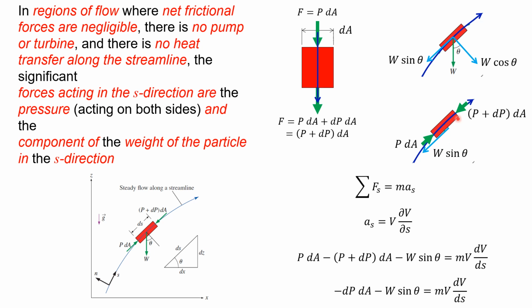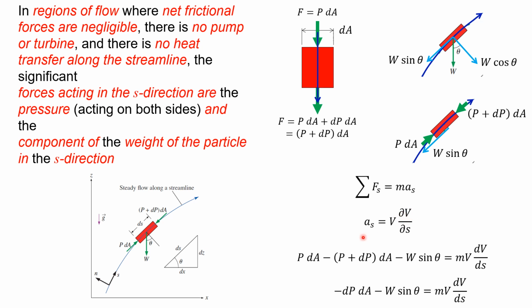So you can use the formula F equals m a_s. a_s we know is V dV over ds. Sorry, not dV, this is a differential sign. So please correct in the previous slide. V differential V over differential S. It's not dV, I think the previous slide mentioned dV.